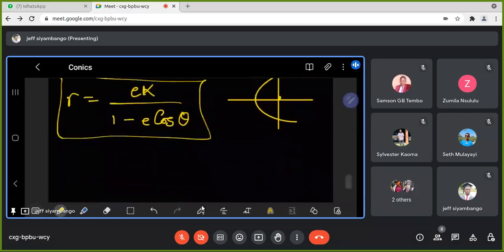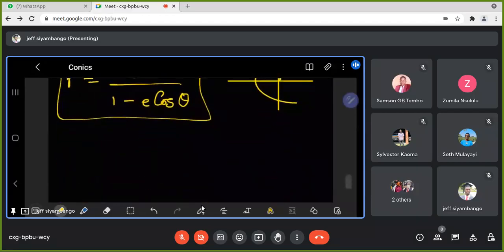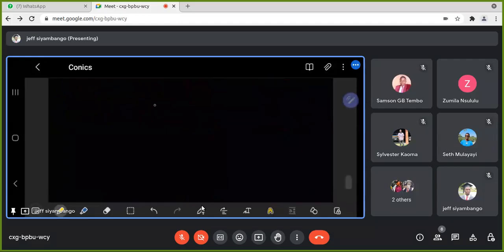But what if it is something vertical, as in opening either up or down? Well, if let's say the piece whose major is at the origin opens upwards, as you can guess, how will it look?